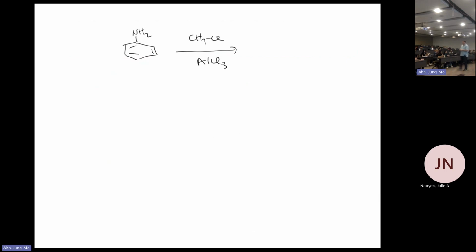So, another reaction on the same topic. This is a Friedel-Crafts alkylation reaction. In the previous reaction, you can imagine that if we use a strong acid like nitric acid and sulfuric acid, the amine gets protonated and becomes a strong deactivator. That is understandable. What about this one? It doesn't have an acid there. It looks like we have alkyl chloride and then aluminum chloride there.